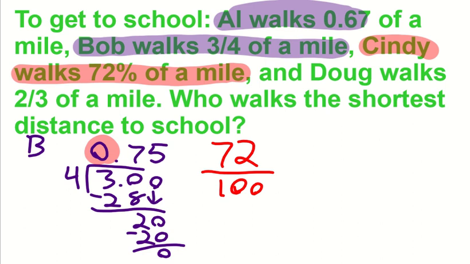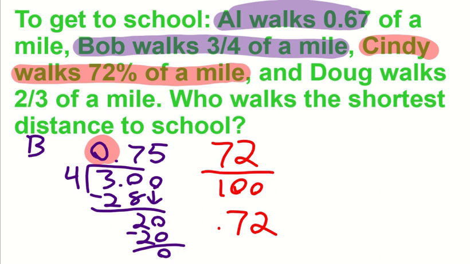What's another way that could be said? How can I say that fraction? Adrian? 72 hundredths, right? Hundredths. That's place value, isn't it? 72 hundredths would look like that.